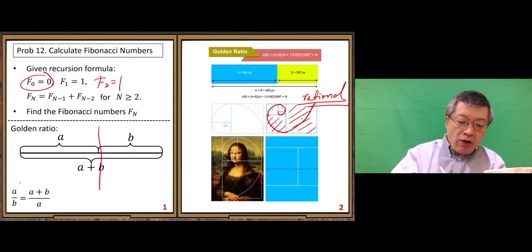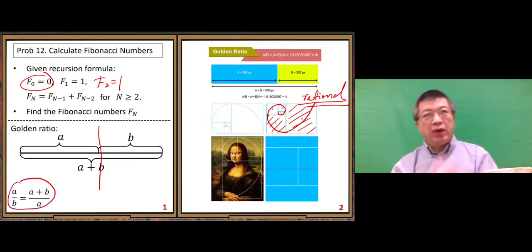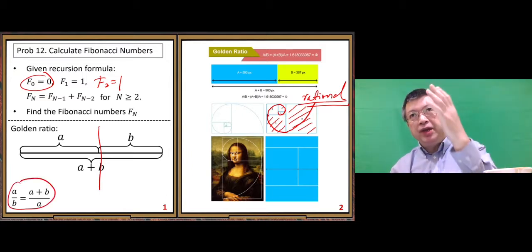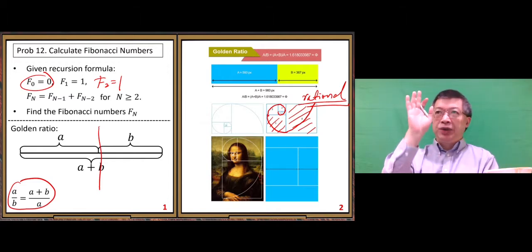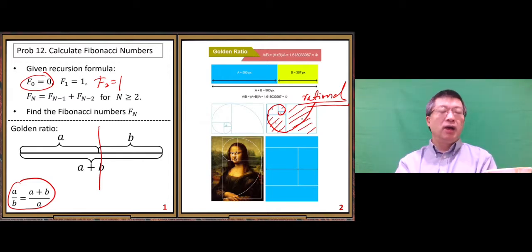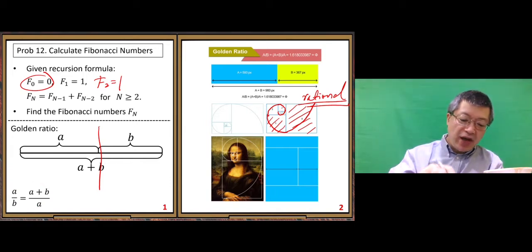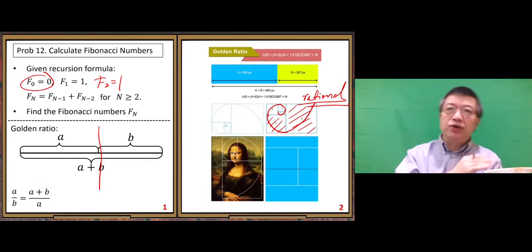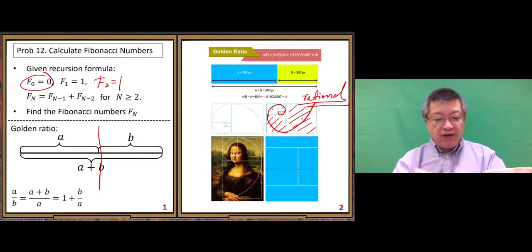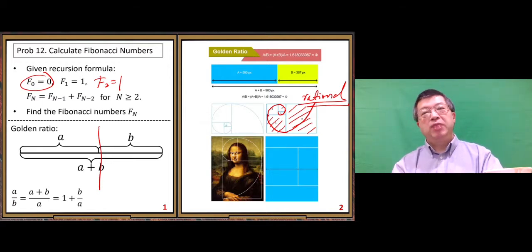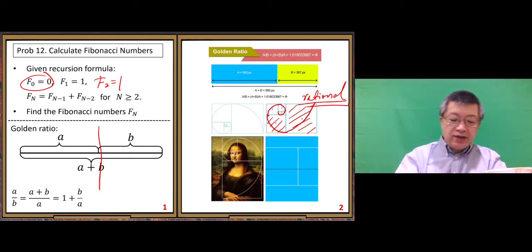Because for this whole equation, you can see there are two unknown variables, A and B. With one equation, you cannot find answers for two unknowns, right? But we can find the answer for the ratio A over B. First we simplify A plus B over A to get 1 plus B over A.